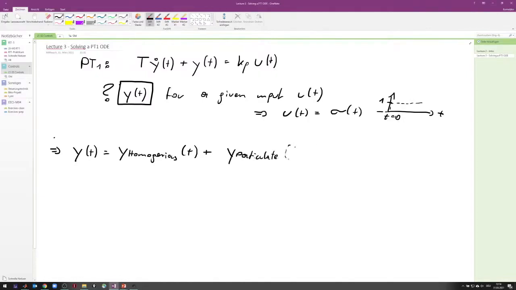And I'm going to write it as a function of t, although here it's not a function of t. Okay, and the homogeneous solution assumes we're setting our input to 0. So this is our eigenmotion, and it's really called eigenmotion. So in English, it's taking the German word here, right? Eigenbewegung. We don't care about the input. And here, the particular solution depends on the input.